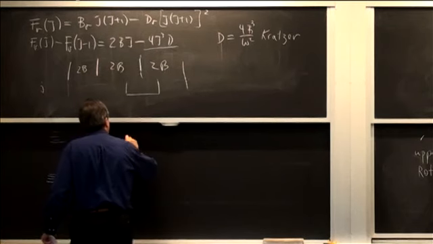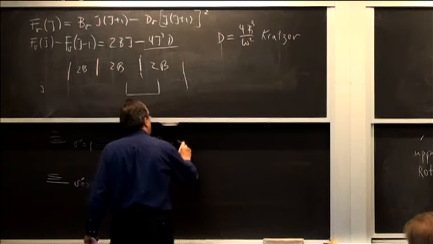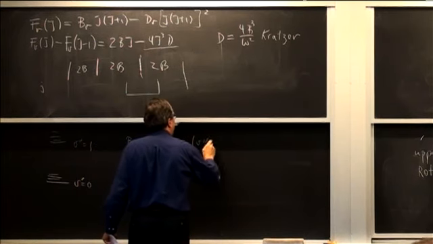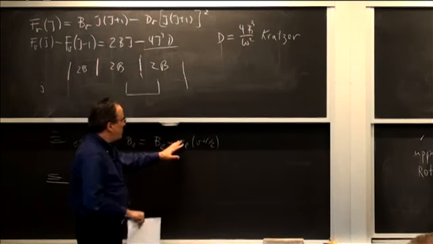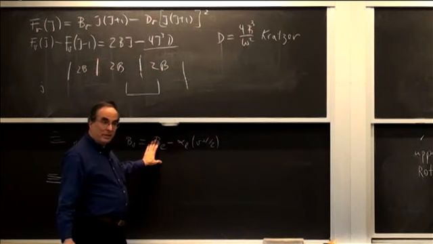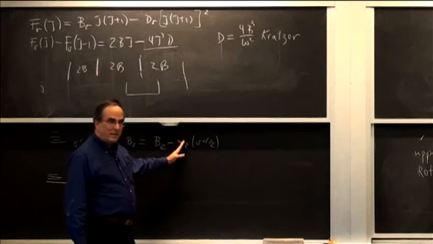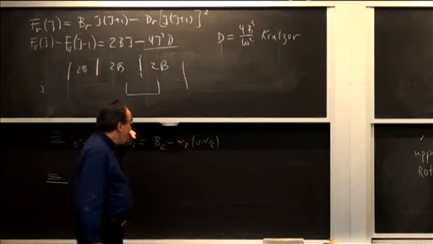So B_v is B_e minus alpha_e (v plus a half). And alpha is usually about 1% of B. So D is usually a part in a million of B, but alpha is 1%, roughly.